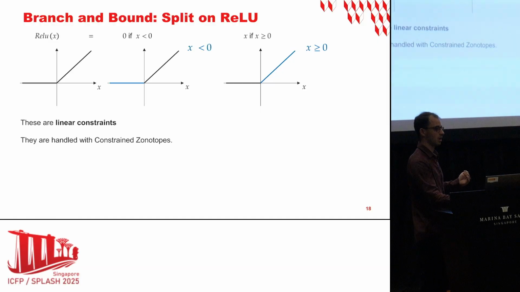It is a nonlinear function, but you can consider it either, if you are in the negative case, to be 0, and if you are in the positive case, it is just the identity function. So these are linear constraints, so you can handle that with constrained zonotopes.